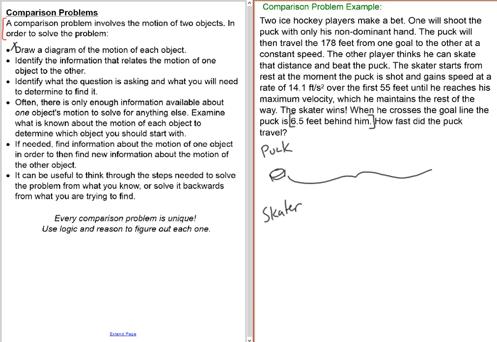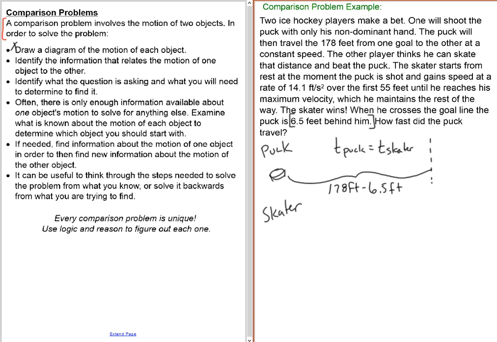Because we know that the puck had moved 178 feet minus 6.5 feet at the moment that the skater finished, and we know that the time for the puck is equal to the time for the skater, because they started at the same time, and we know where the puck was when the skater finished.